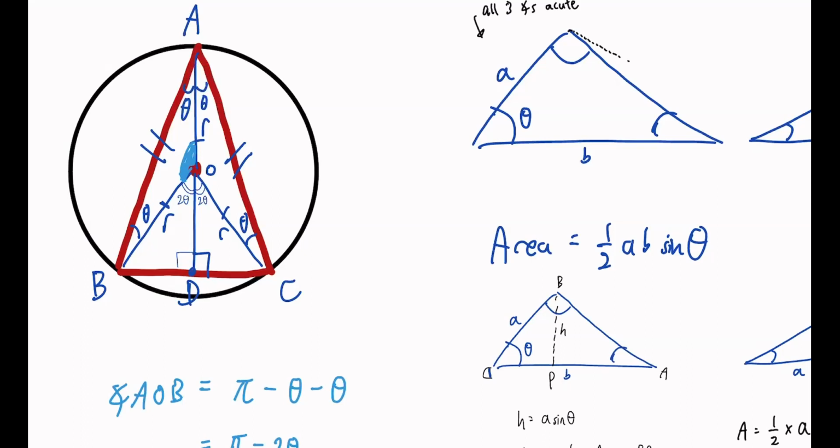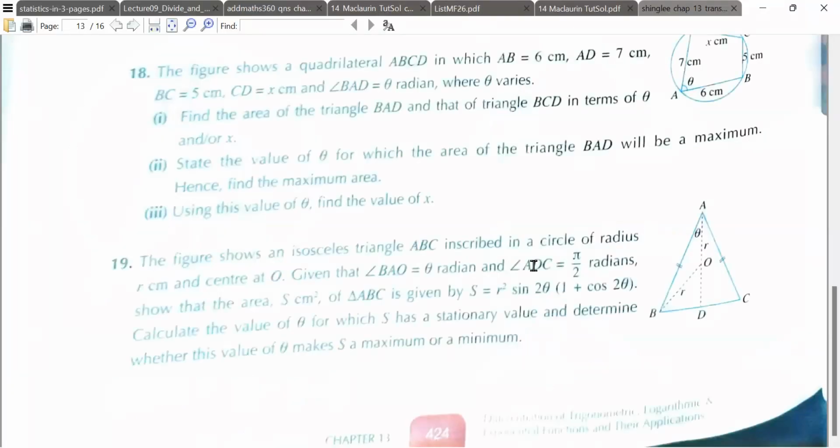Okay. Then let me just bring up the question. Need to get a photo of the question first. Right, and let me just read the question out. It's question 19. So they said that the figure shows an isosceles triangle ABC. Oh, maybe I can share the screen. Is it showing? Yes, right?